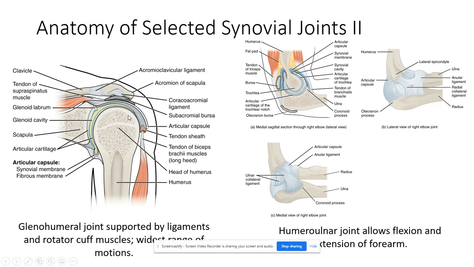Again, the synovial joints have the joint cavity that's associated with them. You also have your humeroulnar joint, which allows for an array of different types of flexion and extension of the forearm.